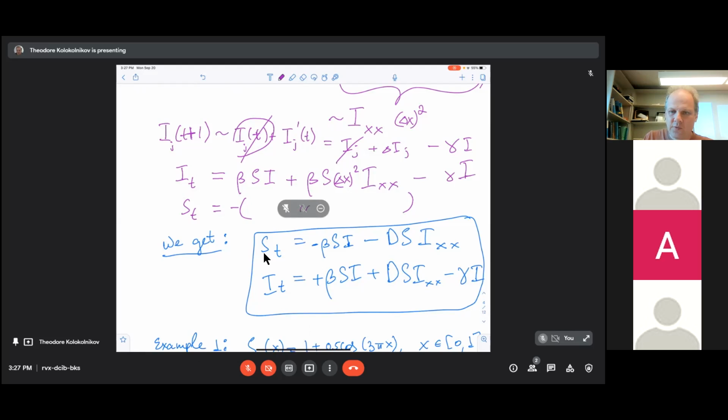For S, there's actually a negative sign over here, so it's a kind of negative diffusion for susceptibles. So it's not at all like just throwing in some diffusion terms and that's the model. When you derive from first principles, this is what you get.